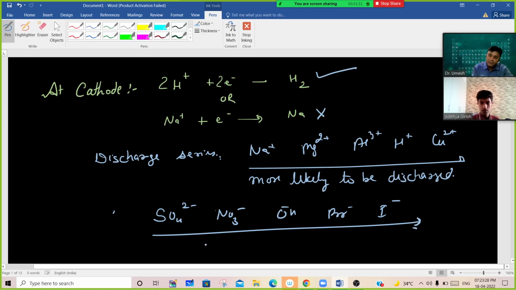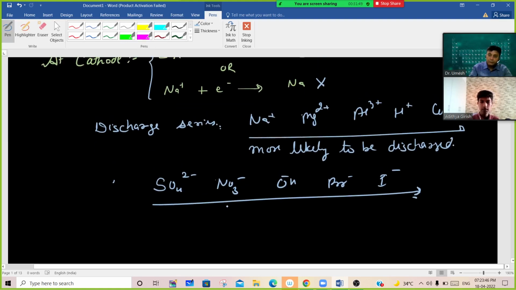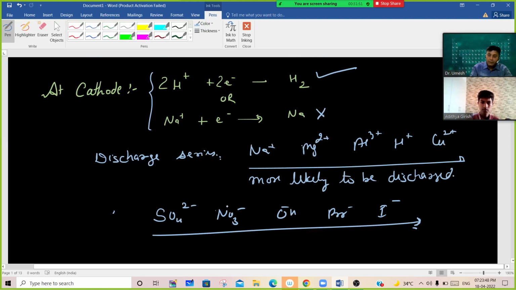So here, out of the sodium and H positive ion, H positive ion has more tendency to gain electron as compared to the sodium. But if I compare copper and H positive, the copper will be reduced. Okay.